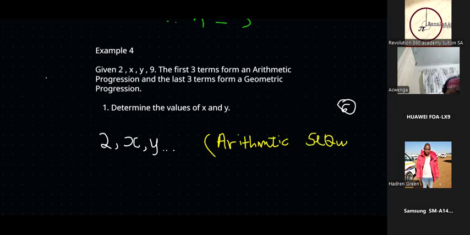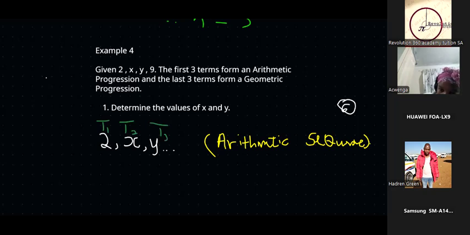That is going to be T1, that is going to be T2, and that is going to be T3. And then they also told us that the last three terms form a geometric progression.